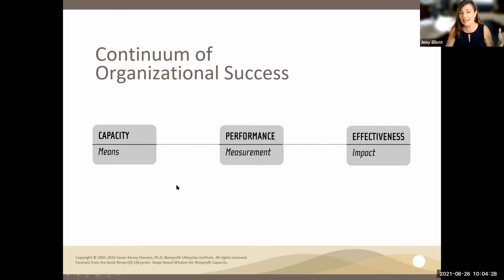And so it's that continuum. And if we're still back here building capacity, which we probably always are, we need to make sure that's strong and that we determine what our performance measures are going to be, how we are going to show impact, right? And so as we build this, how are these things going to change?